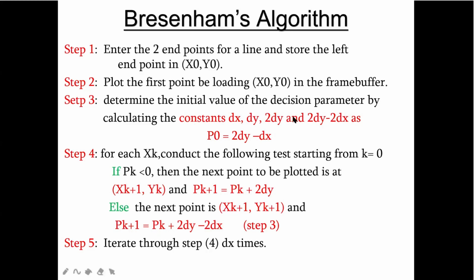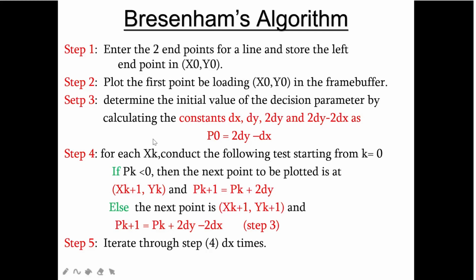Once you find these values, the next pixel value we calculate from P0. So P0 will be equal to 2dy minus dx.